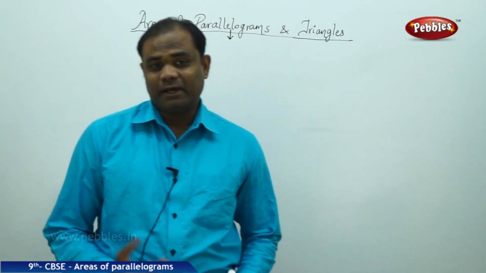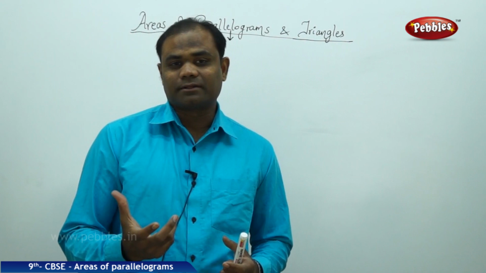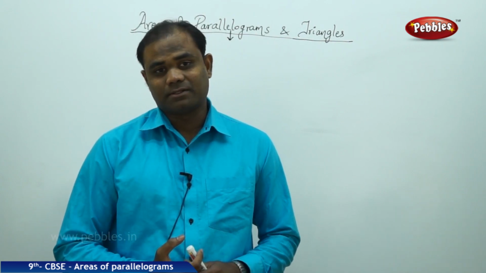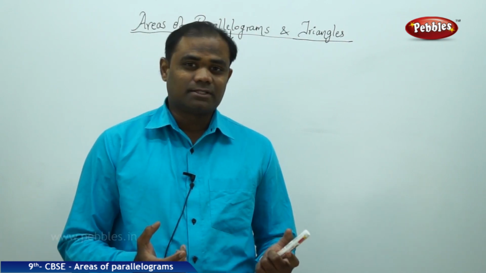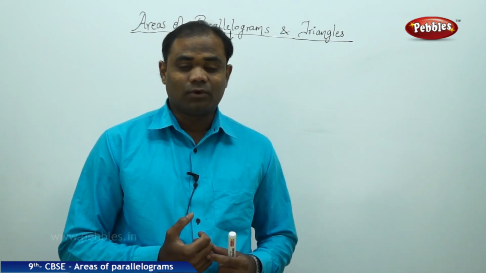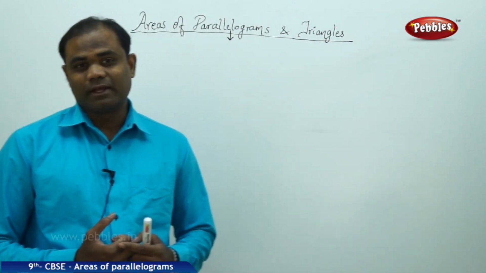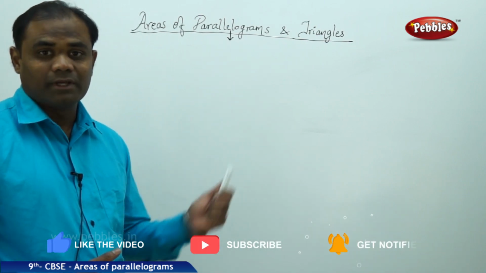Now that we have defined the congruency of two figures, now let's see how we can connect congruency with areas. Two figures are said to be congruent if they have same shape and same size. Then what will be the status of their areas is what we are going to define in today's session. Congruency connected with areas.